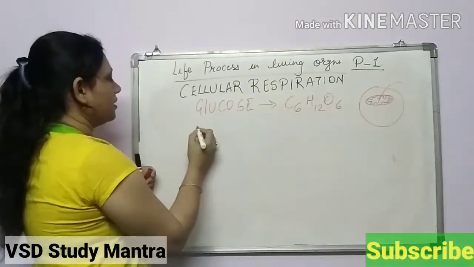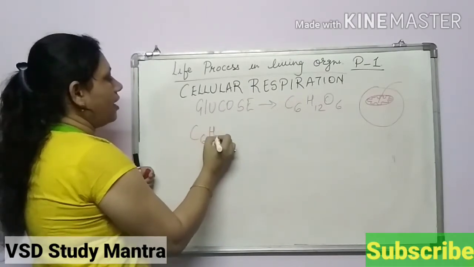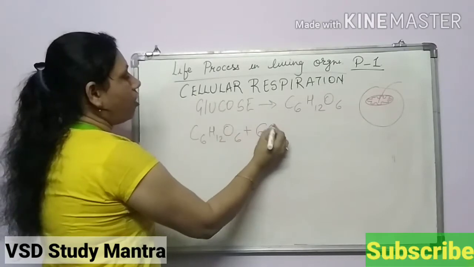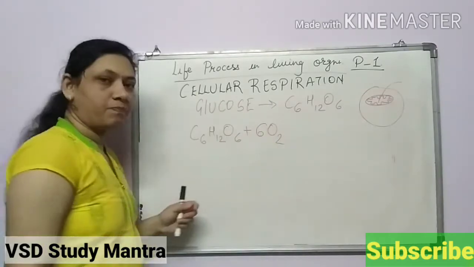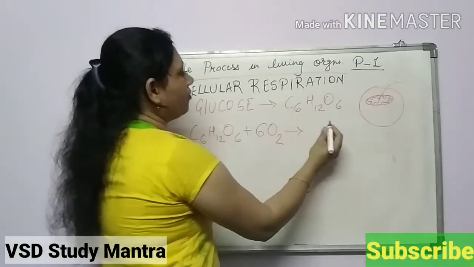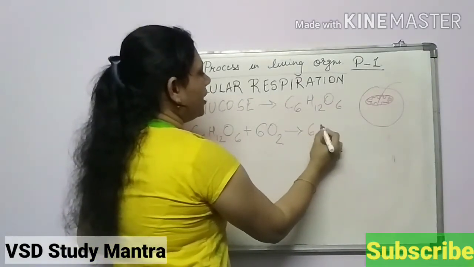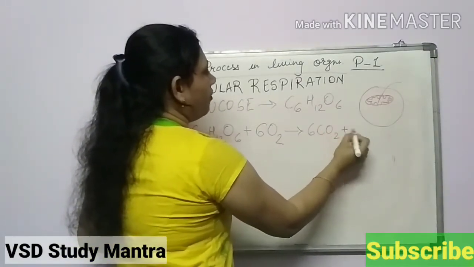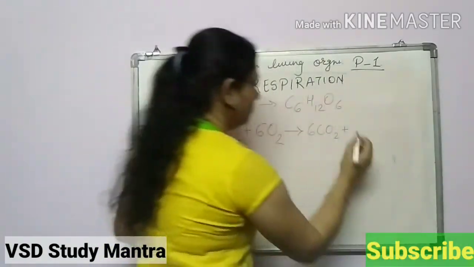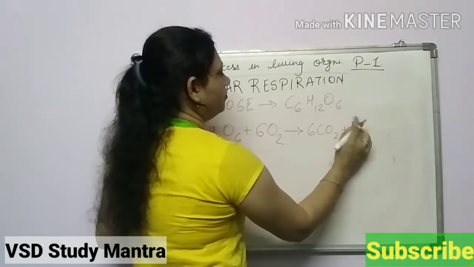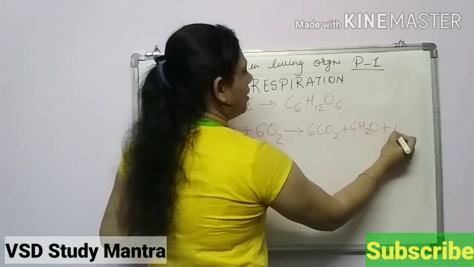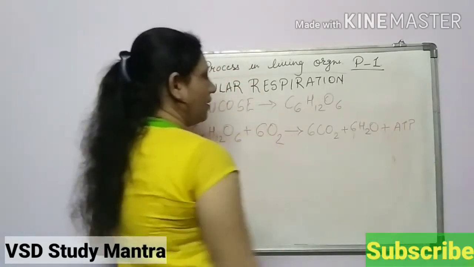Glucose, that is C6H12O6, is reacted with oxygen to form carbon dioxide, water, and energy, that is ATP.